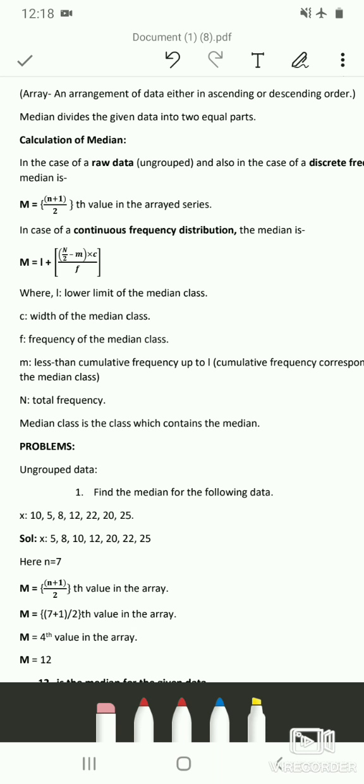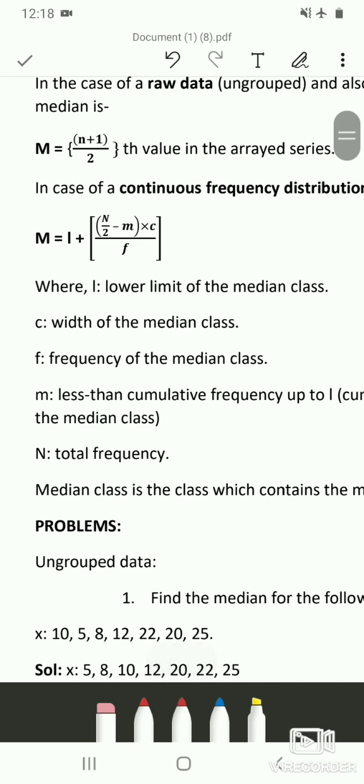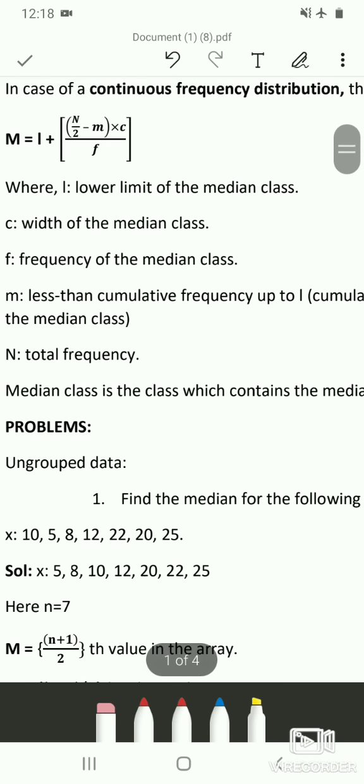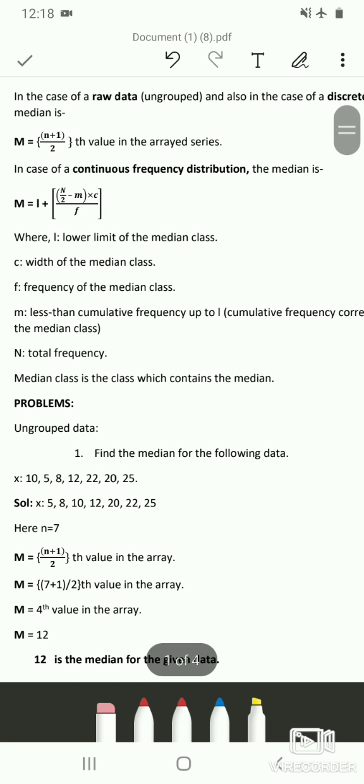In case of continuous frequency distribution, the formula for median is L plus (N upon 2 minus m) into c, whole divided by f. Here L is the lower limit of the median class, c is the width of the median class, f is the frequency of the median class, and m is the cumulative frequency of the class preceding the median class, and capital N is the total frequency.